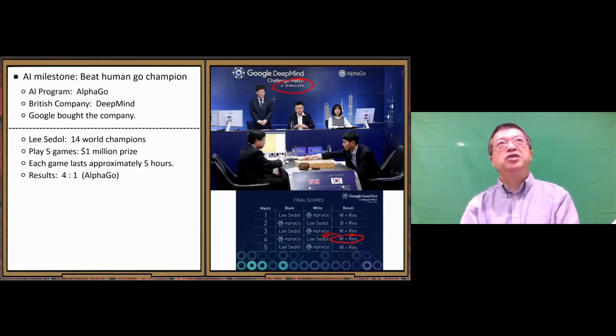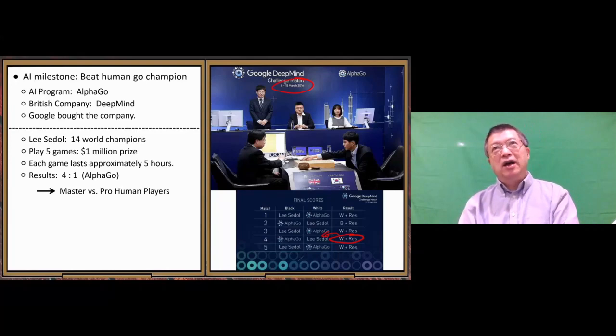So AlphaGo intentionally gave that game away so the 5th game was still interesting. Otherwise, nobody would want to watch the 5th game. But anyway, I treat this like a political decision. It's not an ethical move.